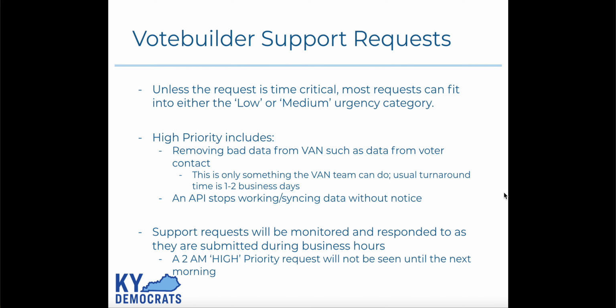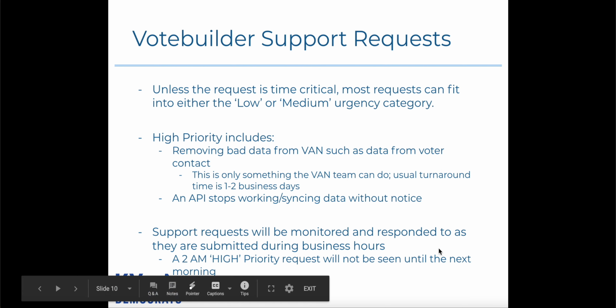Again, a lot of them are going to be low or medium priority. So they're going to be things that are fairly simple, that are very easy to solve. And if it's one of those, it doesn't need to be high priority. Again, a lot of these things are going to be solved fairly quickly, fairly easily, or have answers in the knowledge base.